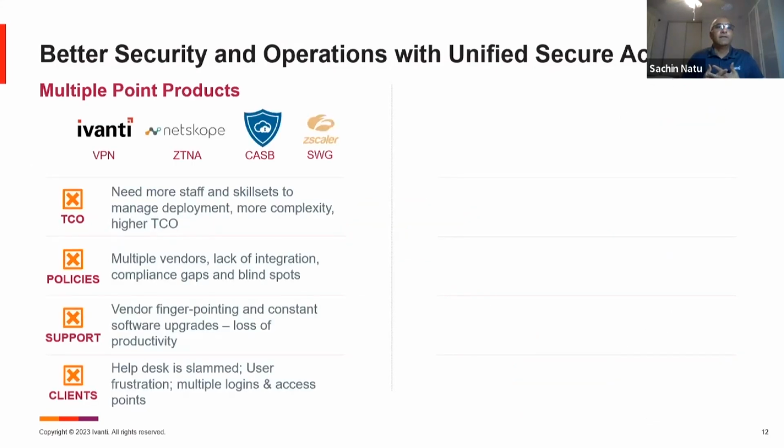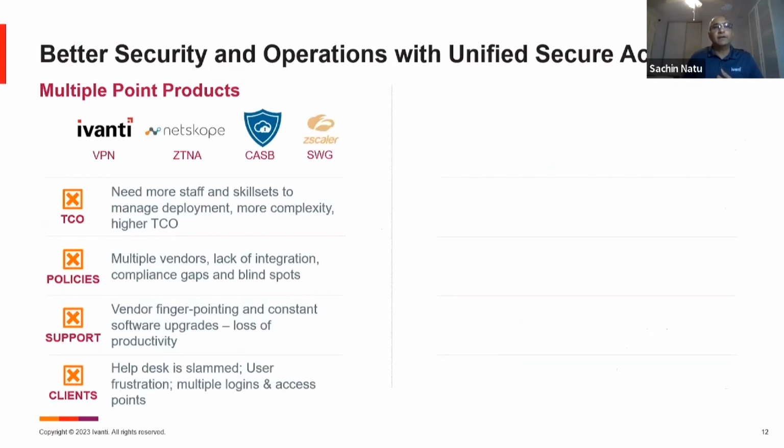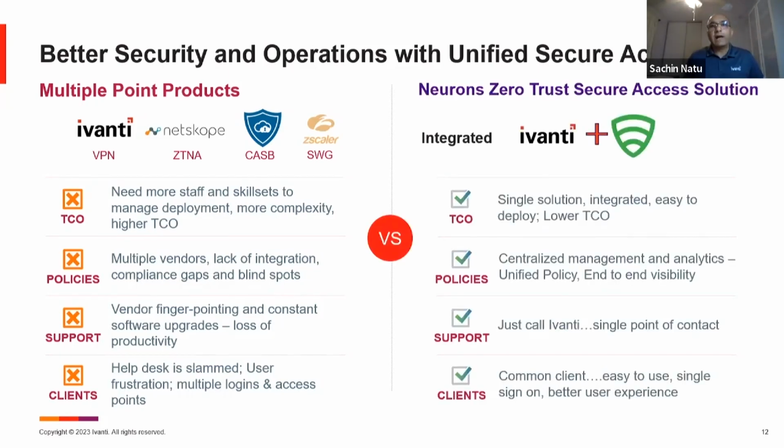If you were using multiple point products for all these 4 different applications, you would need multiple clients and staff to understand every application. If something goes wrong, especially on the client side, there's going to be finger pointing between applications. So just use one application, one vendor, where we take care of all your needs.